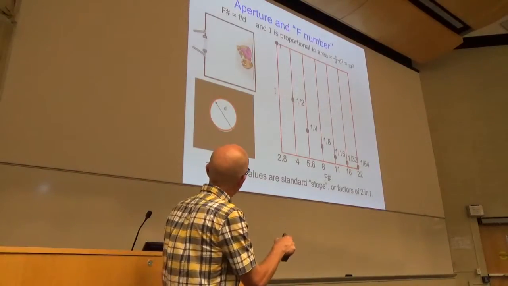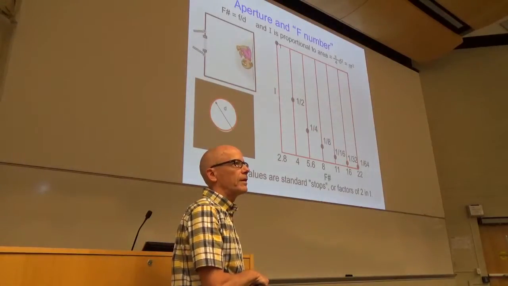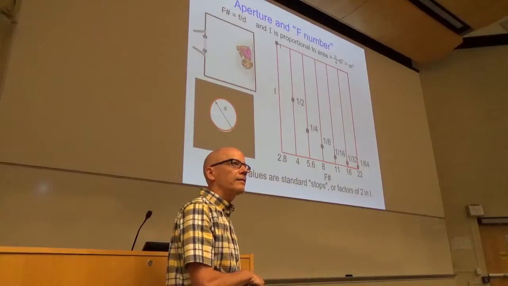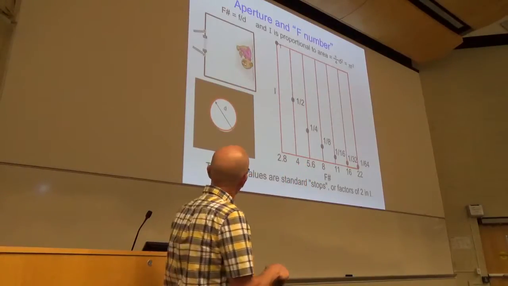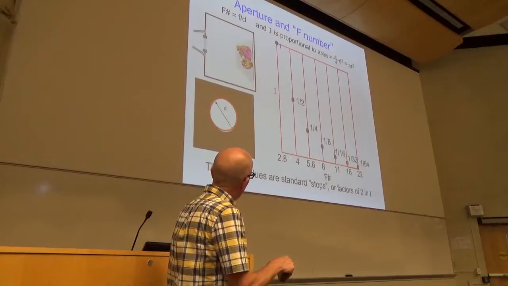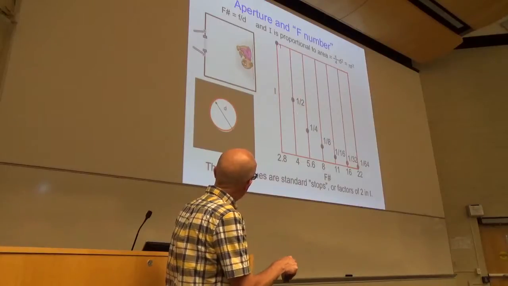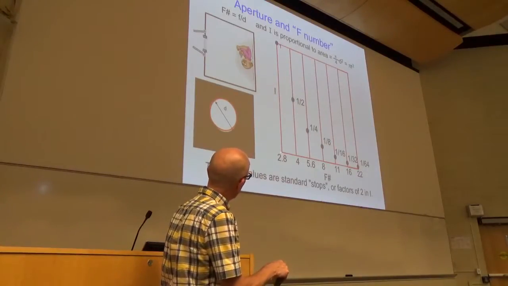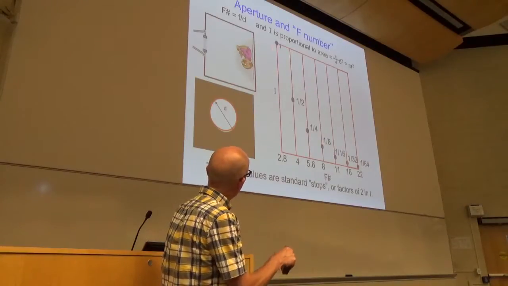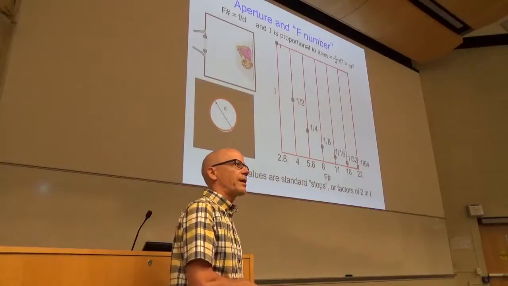And so I wind up getting this curve as a function for that as you open up and close the aperture. And then this is just showing specific f numbers, ratios of f to d. You get a change in intensity of a factor of 2. And that's what the f-stops are.